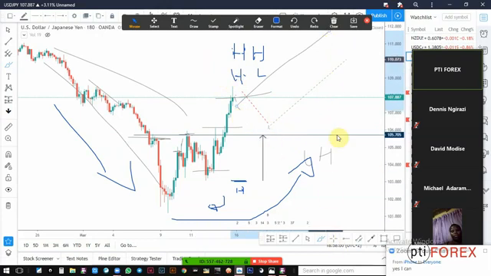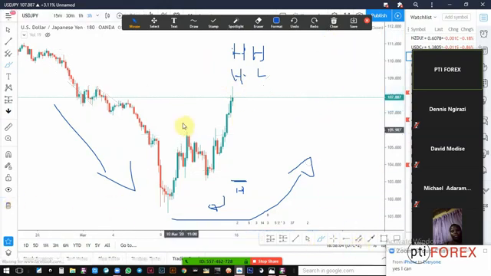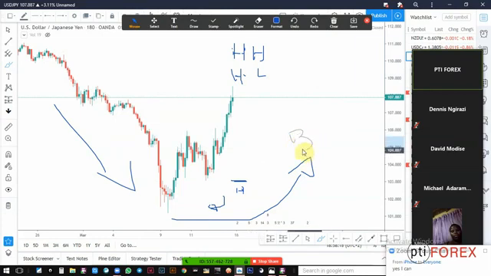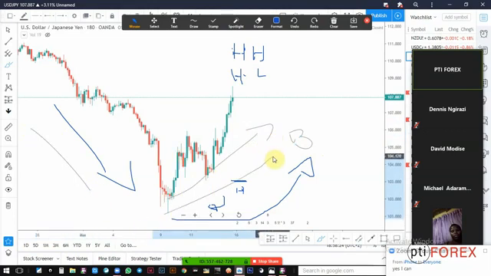At the moment, let me just clear all my drawings. What we are waiting for, as a trading community, is a discount, because we now want to buy this market. We can see that the momentum has changed from a downward momentum into an upward momentum.